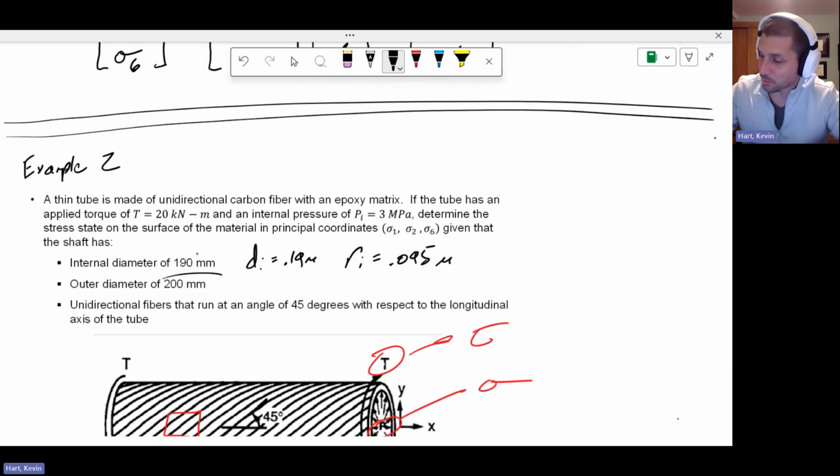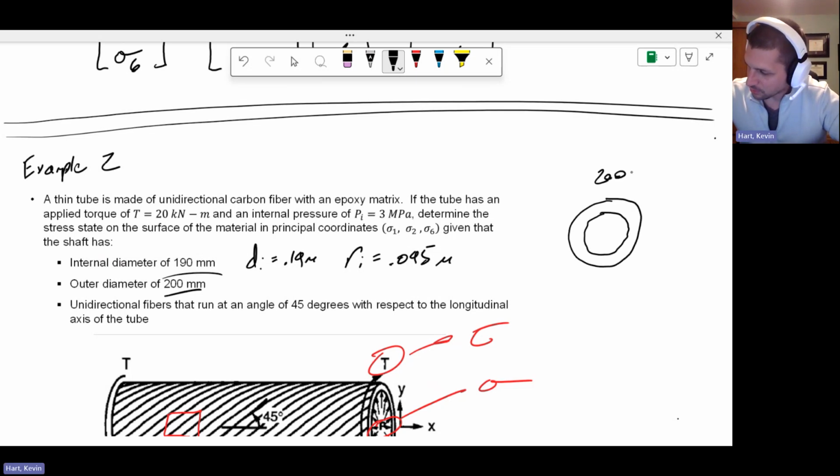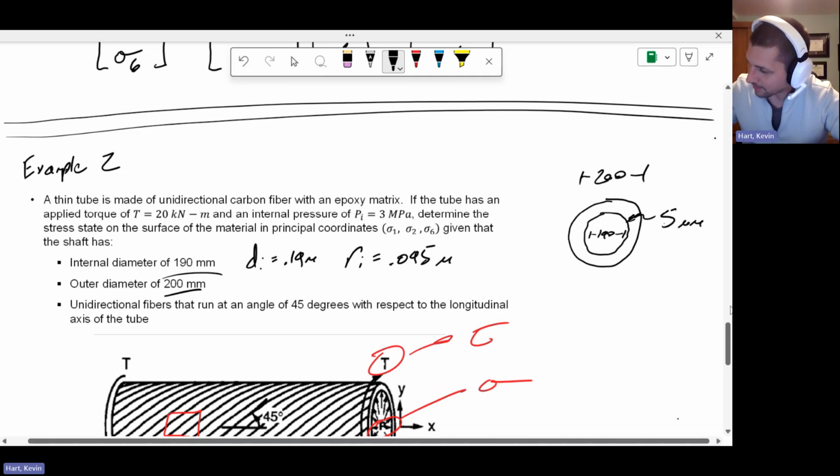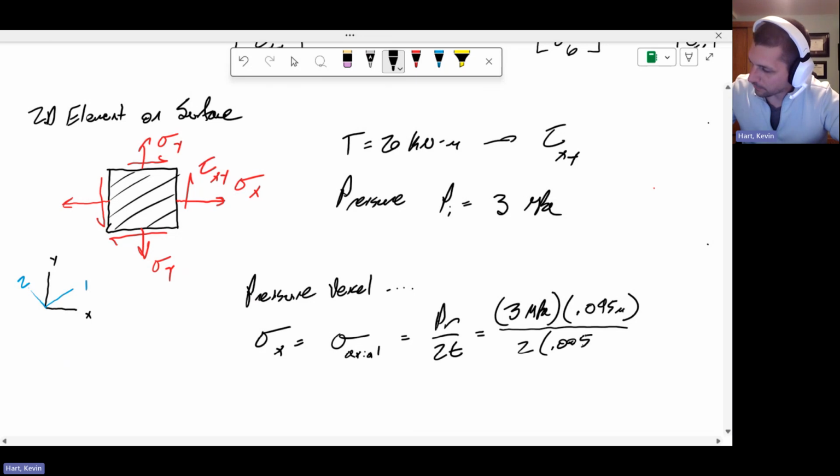If the outer diameter is 200 and the inner diameter is 190, that doesn't mean the wall thickness is 10 millimeters. This is 200 on the outside, 190 on the inside, so each of the wall thicknesses must be 5 millimeters. Got to be careful with that. So this is 2 times 0.005 meters. And so we get a stress in the x direction, if you punch all this in, of 28.5 MPa.